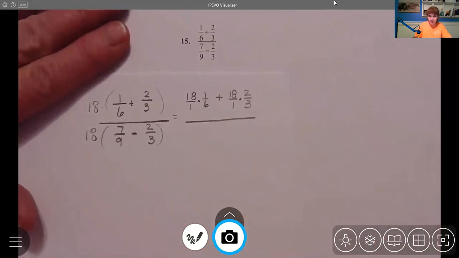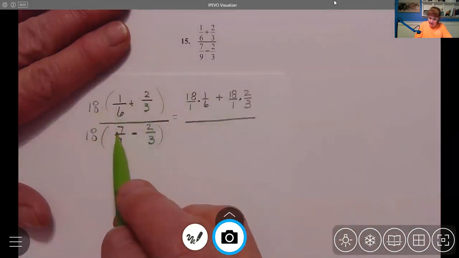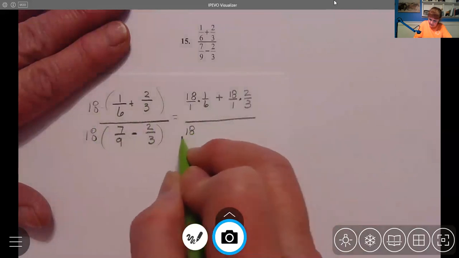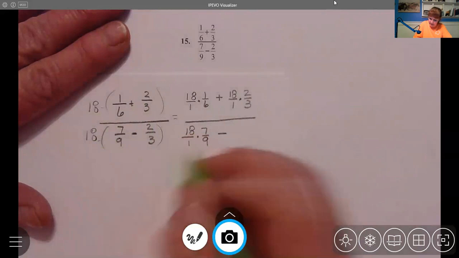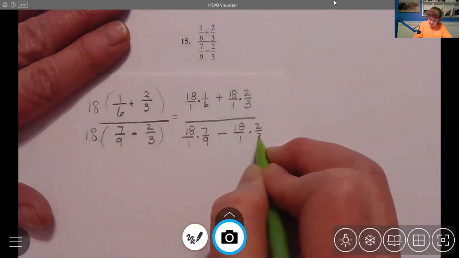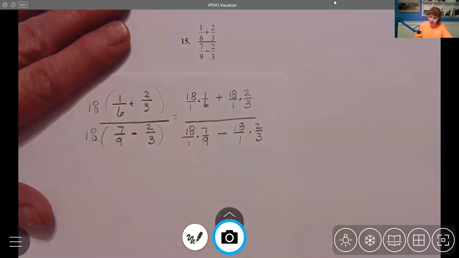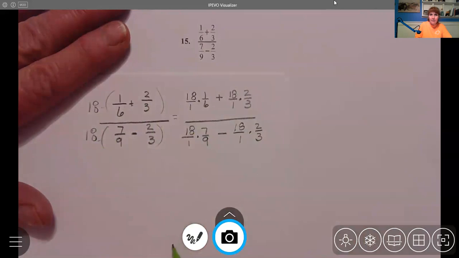We've already done that one, so we don't need to even look at it. So I took 18 times 2/3, 18 times 7/9, 18 times 2/3. I'm going to reduce these four, individually, multiply them, reduce and multiply, and then it's going to be a lot easier than what we had started with.